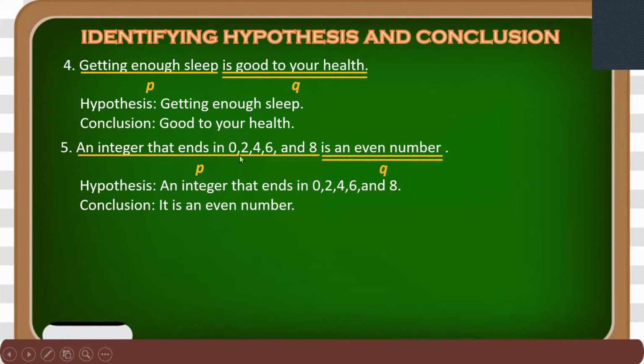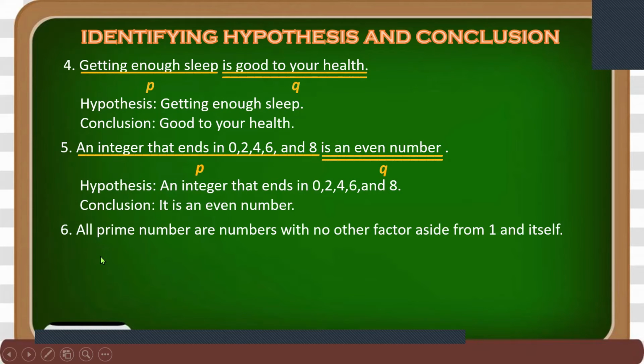Therefore, our hypothesis, an integer that ends in 0, 2, 4, 6, and 8. And our conclusion, it is an even number. Makikita nyo dito, nilagyan natin ng it. Pero wala namang it dito sa original given natin, original statement. Hindi siya mabubuo yung statement kung hindi magagamitan ng salitang it. Pwede tayo magdagdag, like it, their, they.